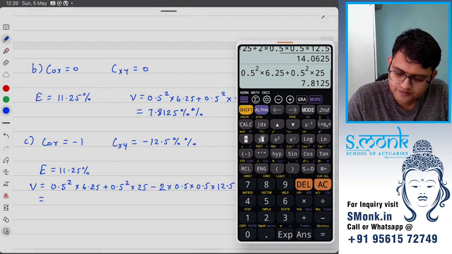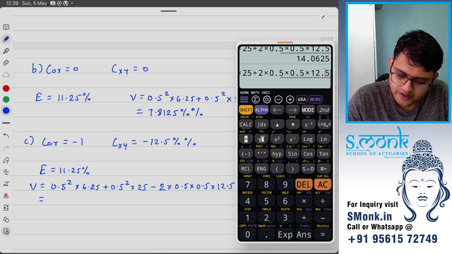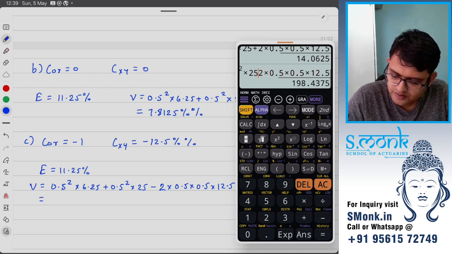So I'll use the previous equation, so it's the same one, and edit the minus sign.